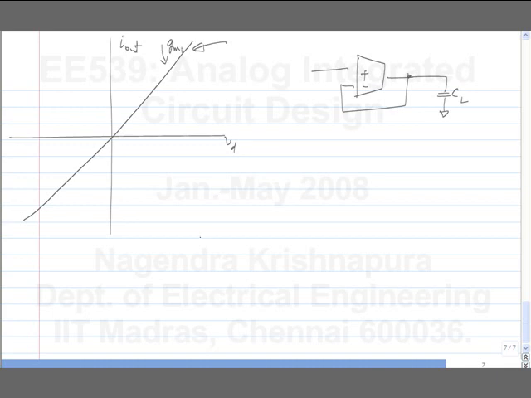The second case is it follows the straight line for some time and then at plus minus I naught it saturates. And finally, the last case is the slope gradually decreases and at a later point it saturates.